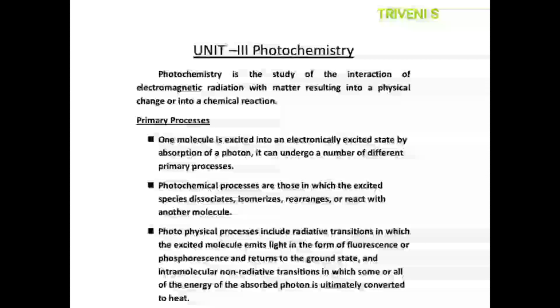The process of ground state to excited state and excited state to ground state, these changes we call fluorescence, and interconversion of singlet into triplet, and triplet state to the ground state, we call phosphorescence. These changes we study in physical processes.